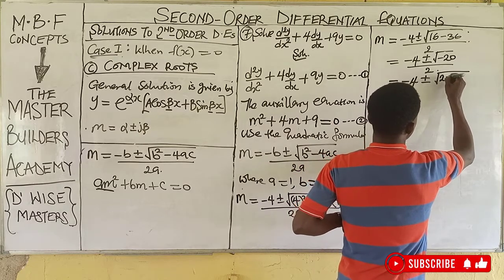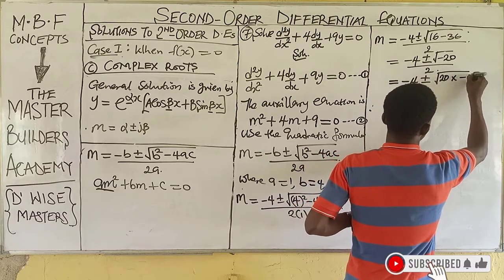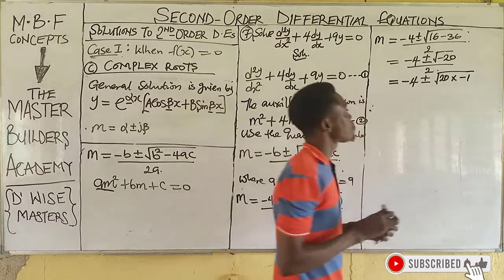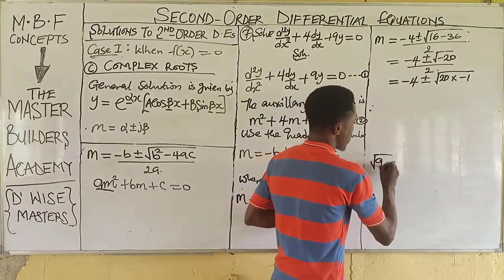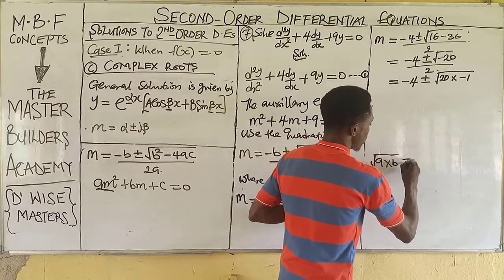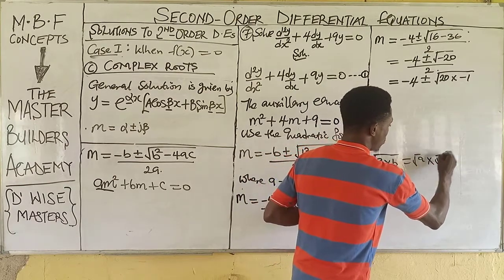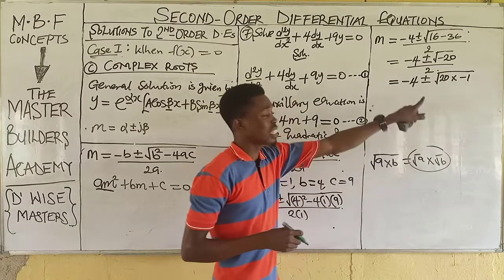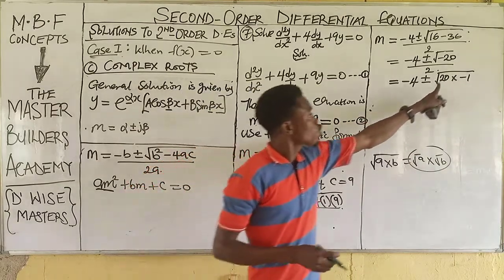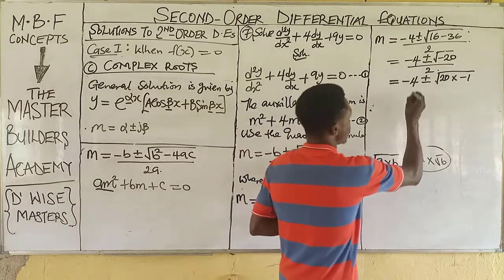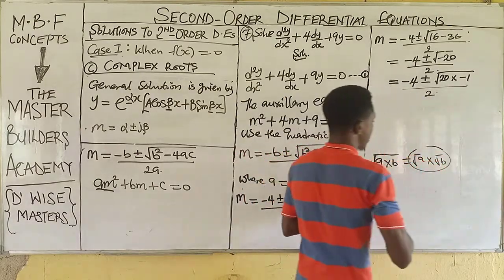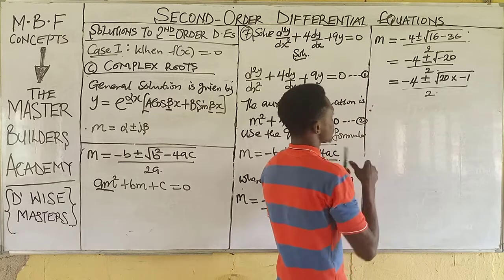So this is 20 multiplied by minus 1. You agree with me that in surds, root a multiplied by root b is written as root a multiplied by root b. That's exactly what we are going to do there. So 20 multiplied by minus 1 is minus 20. I need this so that I can reduce this step.